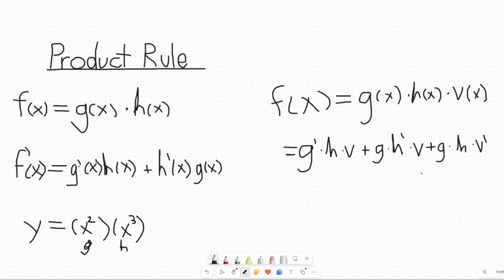So even if you have more than two terms, it's just a little more writing, but you pretty much have one term for each function. In each term, one of them is prime and the other two are not. In this case, g prime represents g prime of x. I just got a little lazy writing all the x's, but I think you get the point.